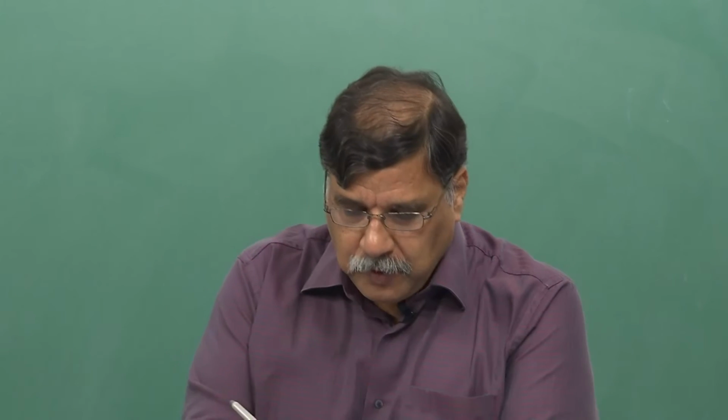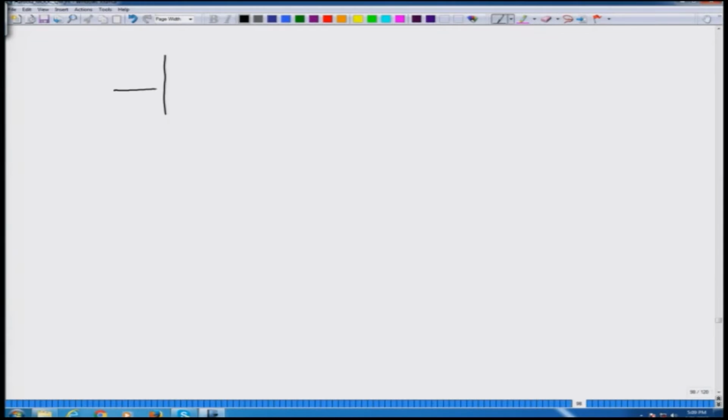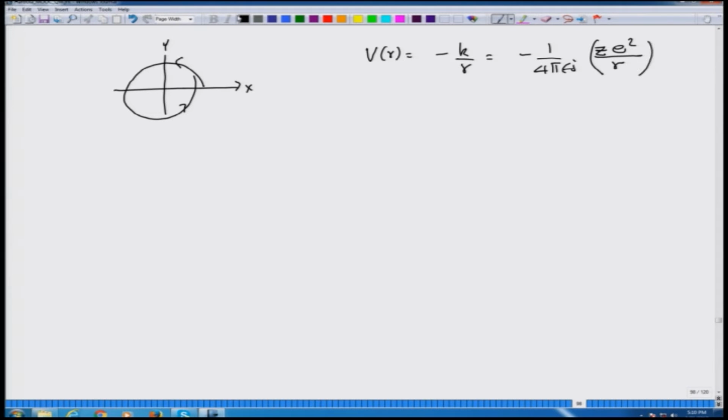In the previous lecture, we considered an electron moving in a plane in the potential V(r) = -k/r, which is -1/(4πε0) Ze²/r, and found that the energies came out to be precisely the same as that in the Bohr model.